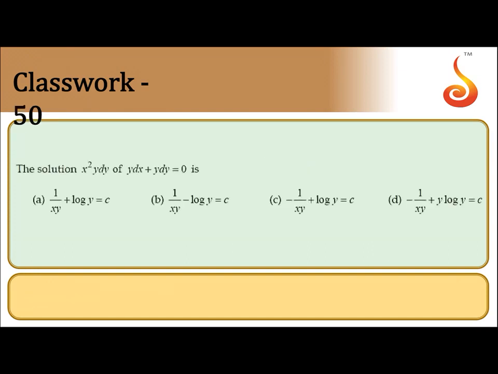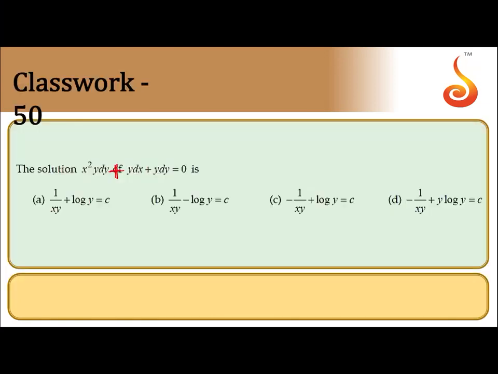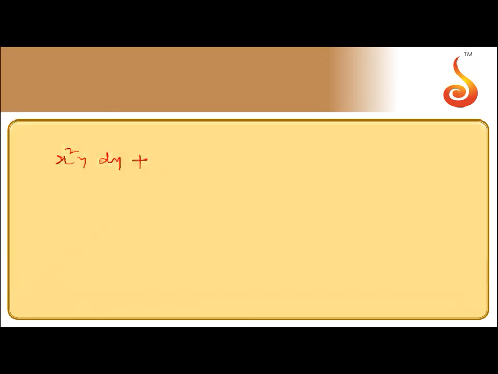Coming to the next one, x square y dy plus y dx plus x dy. I hope there is a mistake in the problem. Y dx plus x dy, that is equal to 0.